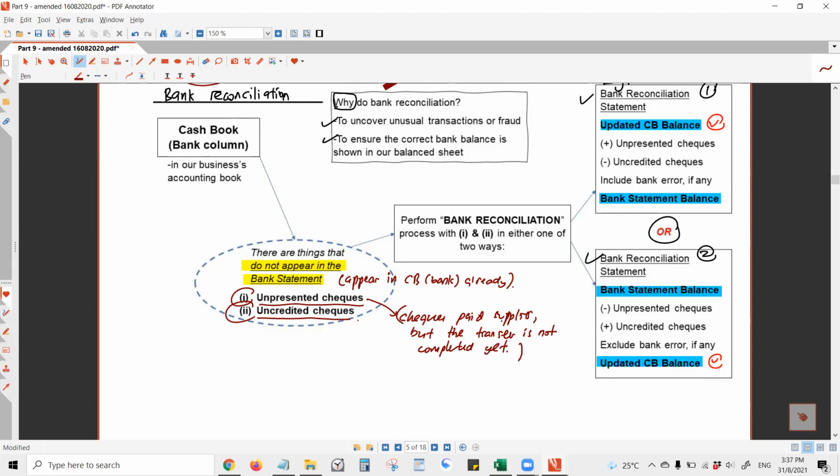Check paid to the supplier, but the transfer is not completed yet. For uncredited checks, it refers to checks that you receive from customers, but once again, transfer is not completed yet.